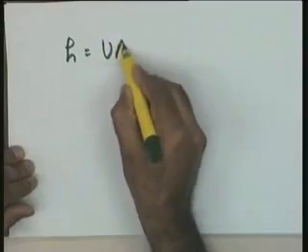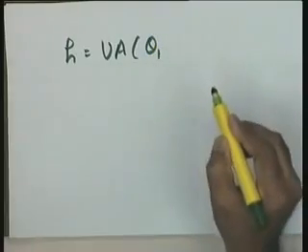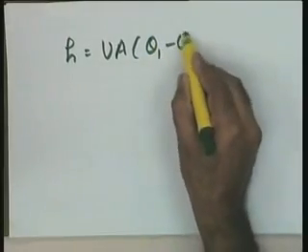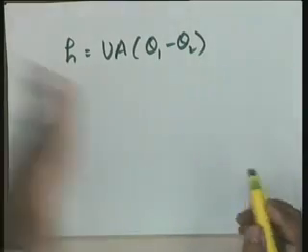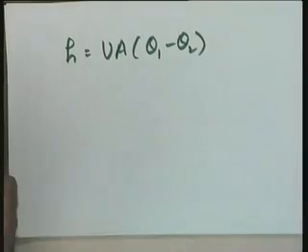So, the basic thermal equation is this: the heat flow rate H is equal to, as I have given earlier, UA into theta 1, the temperature of the solid, minus theta 2, the temperature of the liquid, if the heat is flowing from the solid to the liquid. The reverse will occur if the heat is flowing from the liquid to the solid.